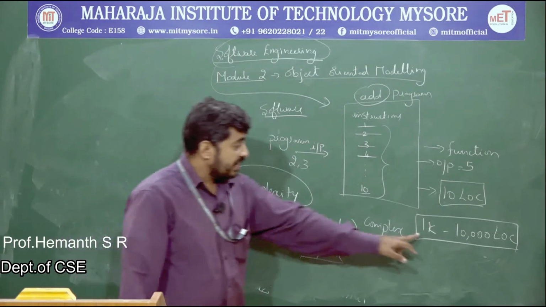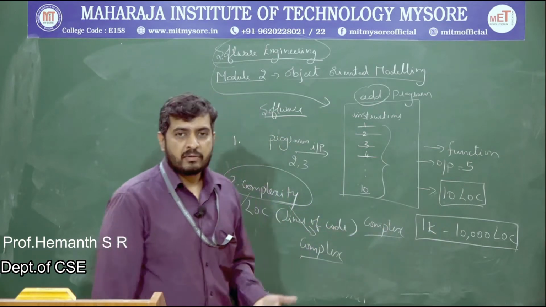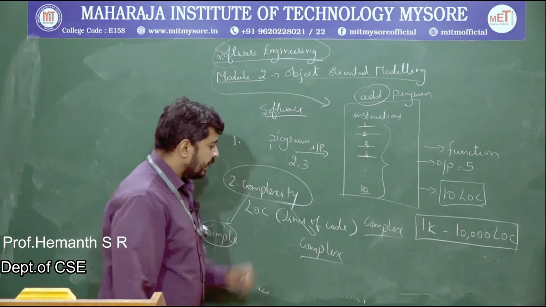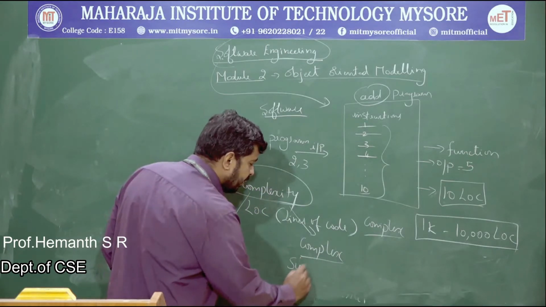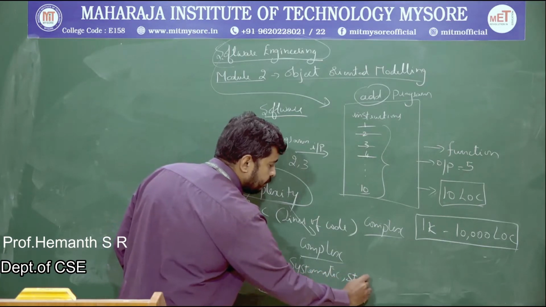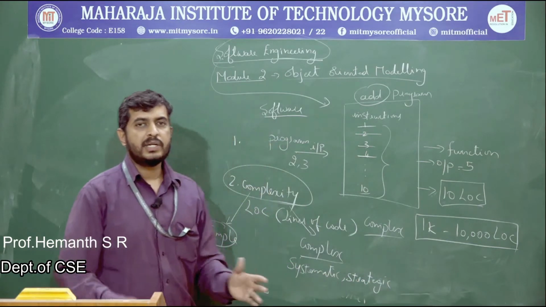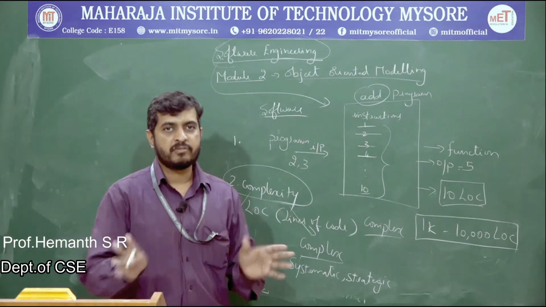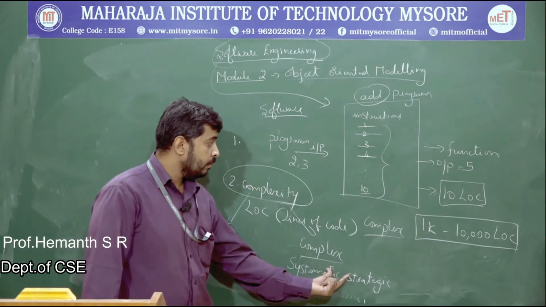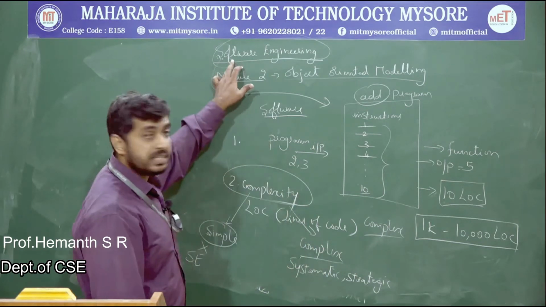Meaning that the number of lines of code is greater than 1000 or 10,000, maybe 1 lakh, 2 lakh, 50 lakh, millions, billions. Okay. In that case, we need a systematic way, strategic way of developing the program. Okay. We cannot do it in a random fashion, we cannot do it in an ad hoc fashion. So definitely we need a systematic way of developing the software which is complex, and there comes software engineering.